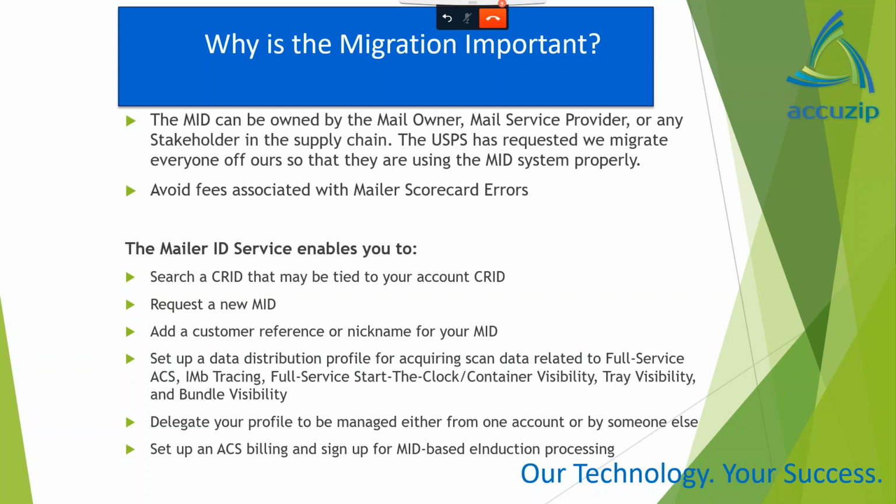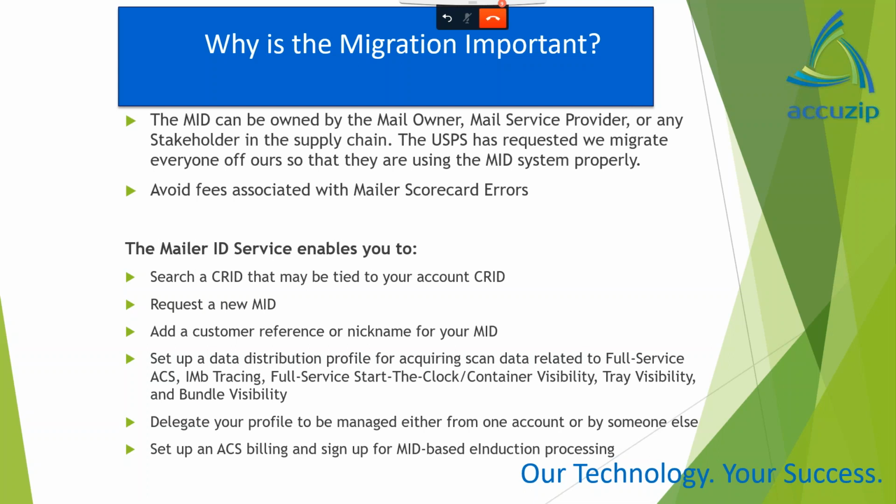But a really good reason to do this, in addition to the fact that it's identifying you as the mail owner, is that it has to do with mail scorecard errors.